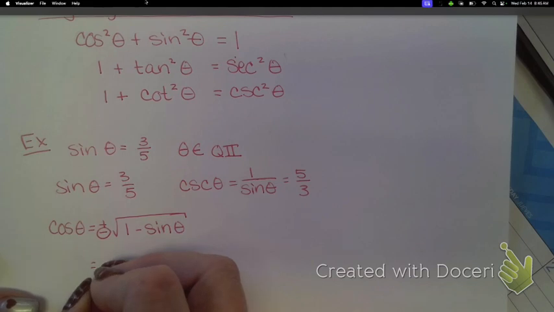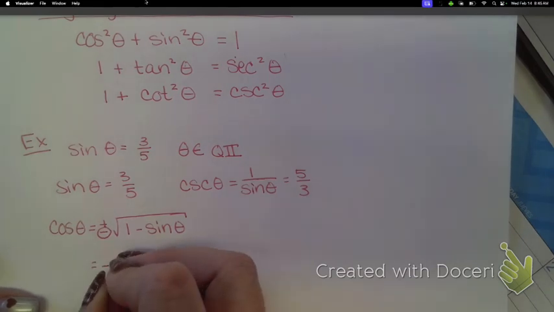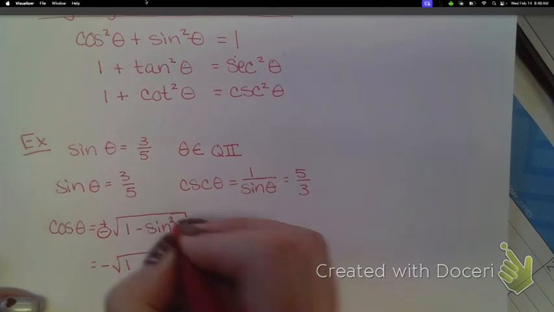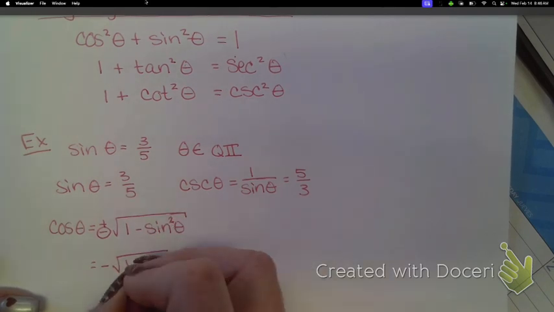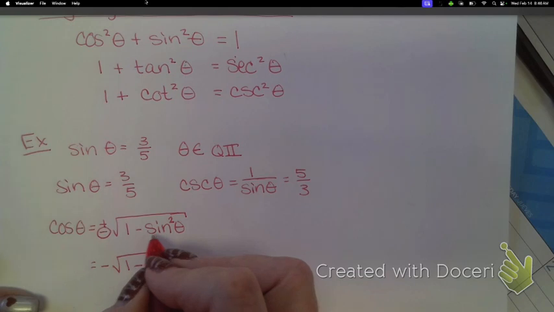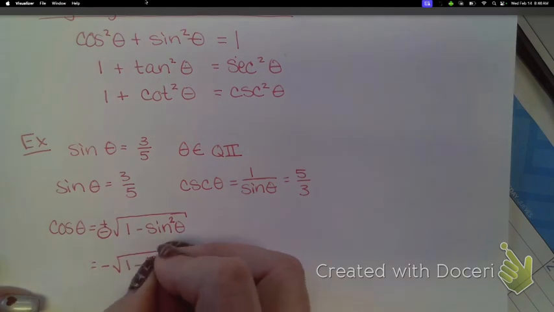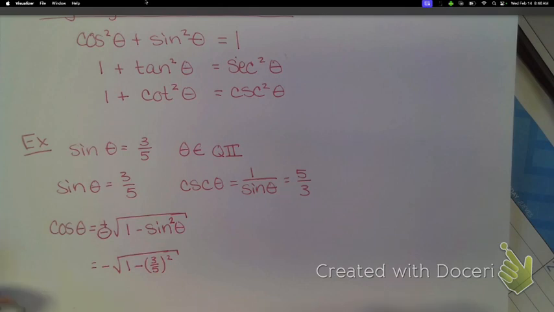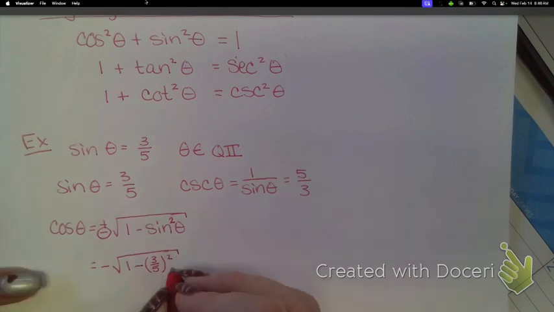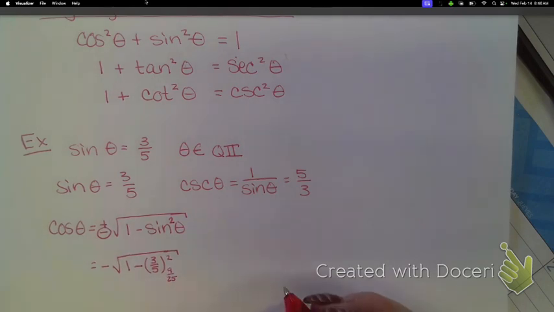So we have negative the square root of 1 minus, oops, I forgot my squared on my sine. You guys didn't call me out on that. Well, what is sine? 3/5. So 3/5 squared is 9/25ths. And so 1 is 25 over 25.